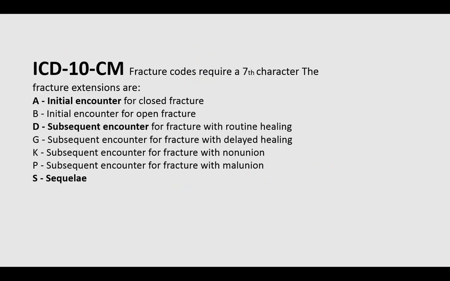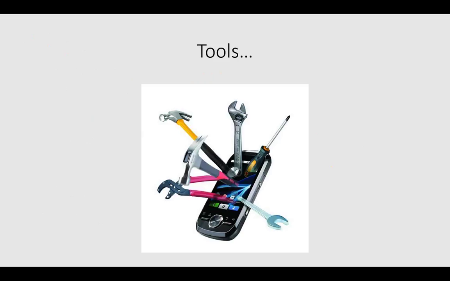By sequela, it means that the fracture is associated with some other condition. So for example, if this fracture was associated with osteoporosis, it's a sequela fracture. So this presents yet another speed bump in how we code and making sure that we're using the most specific code in order to get our claim paid.